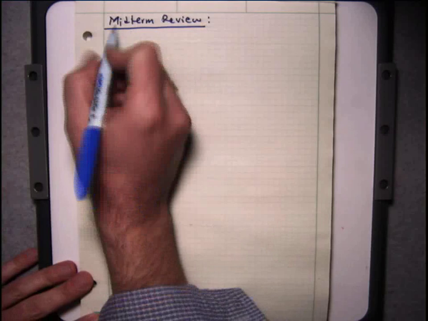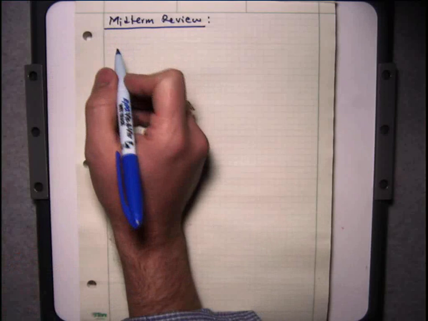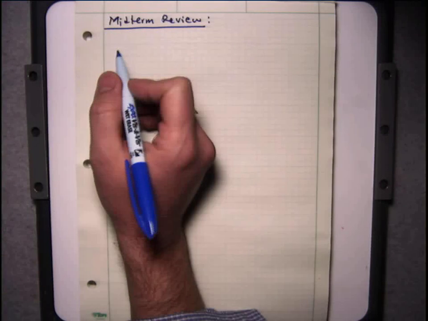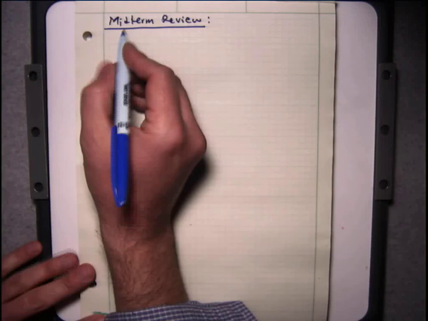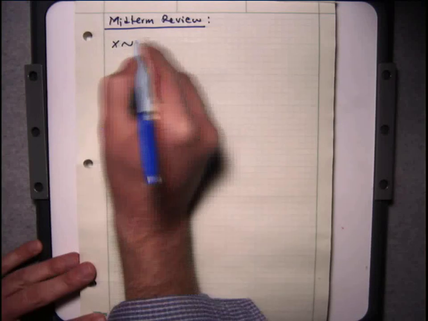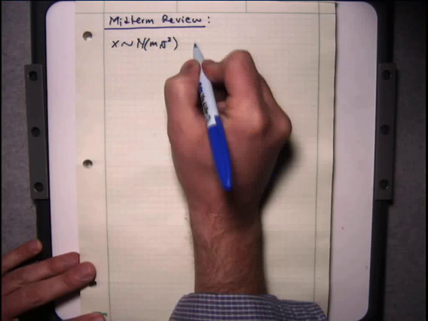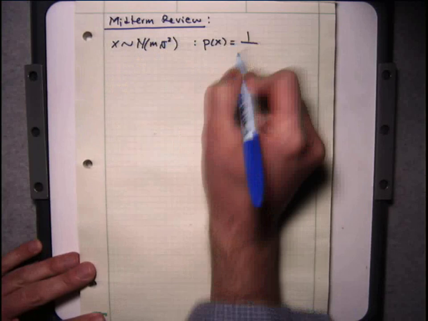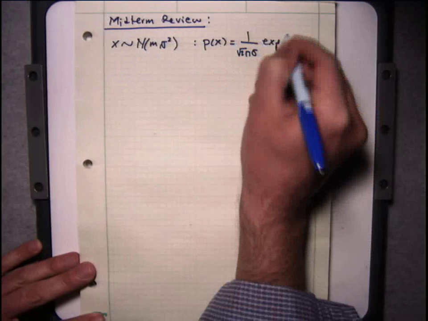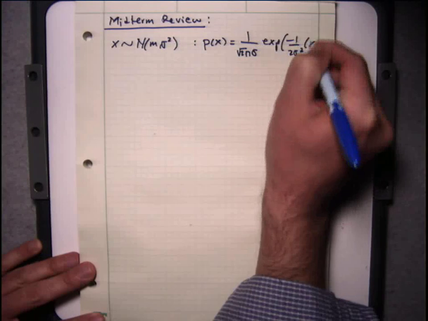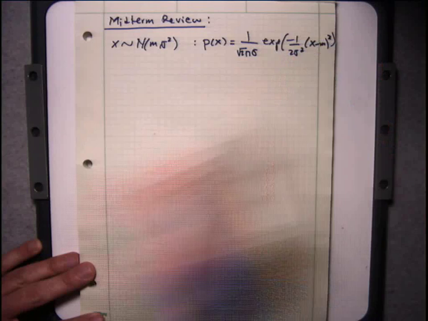Okay, so we started with a review of probability density functions, and we went through a whole litany of different probability density functions, all of which are fair game, but the one that is the most important is, of course, the Gaussian, and you should certainly always remember what the probability density for the Gaussian looks like and what the formula for it is. (x minus m) squared. So this is for the scalar, so one-dimensional PDF.